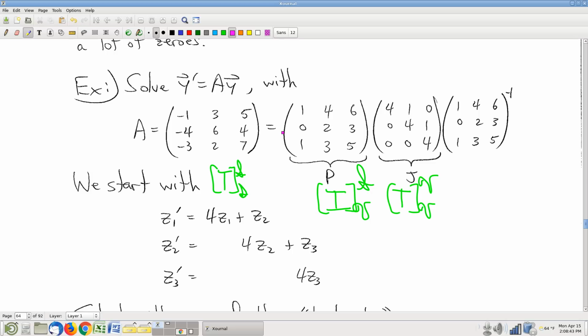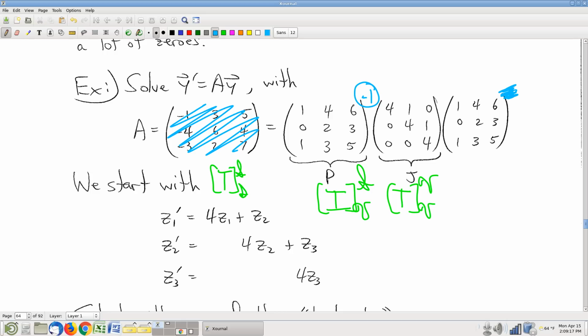Please don't just rely on, I see that there's an inverse here, so that means this must be P inverse, right? You never know. A problem can come up very naturally in such a way that the conjugation is written in the way that seems backwards. So it could be that the matrix had been given as some different A matrix, with the inverse there.